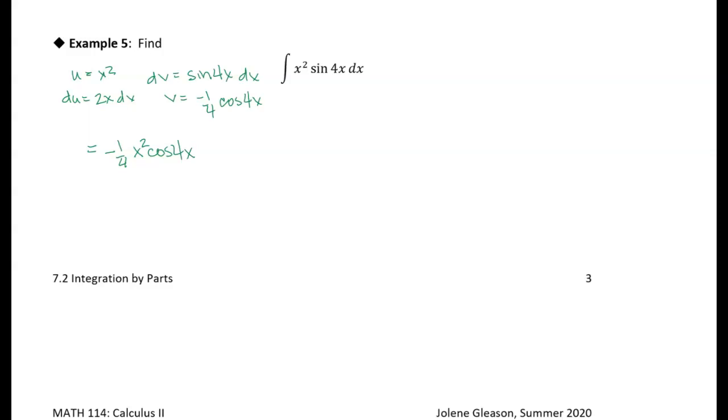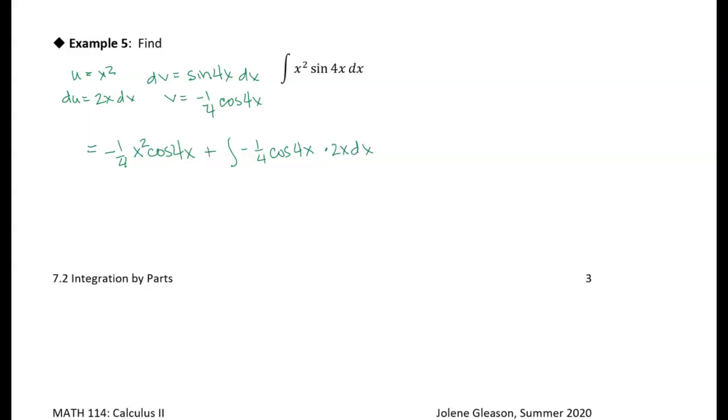Okay, and then I'm going to subtract the integral, which is going to be v du. So minus the integral of minus 1/4 cosine of 4x, that's my v, and then my du is 2x dx. I can simplify that a little bit.